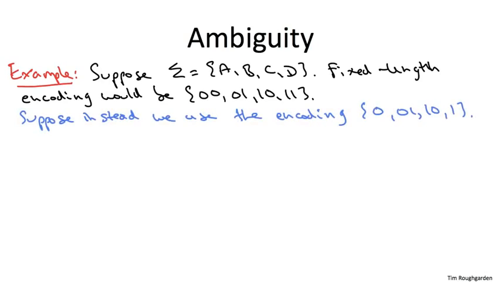So suppose instead of using a double 0 for A, we just use a single 0, and instead of using a double 1 for D, we just use a single 1. That's fewer bits, so that seems like that can only be better. But now here's the question. Suppose someone handed you an encoded transmission consisting of the digits 0, 0, 1. What would have been the original sequence of symbols that led to that encoded version?